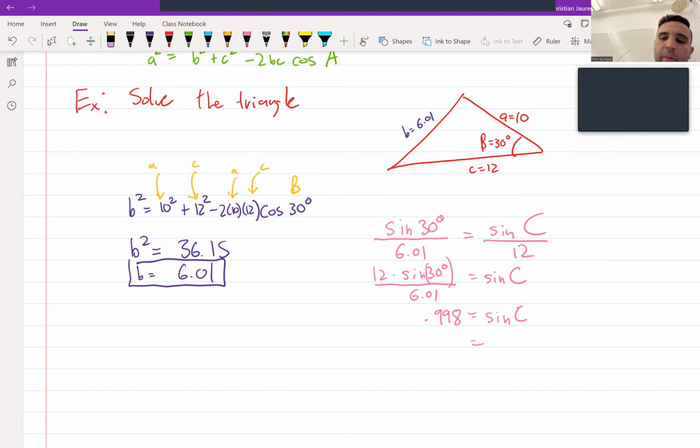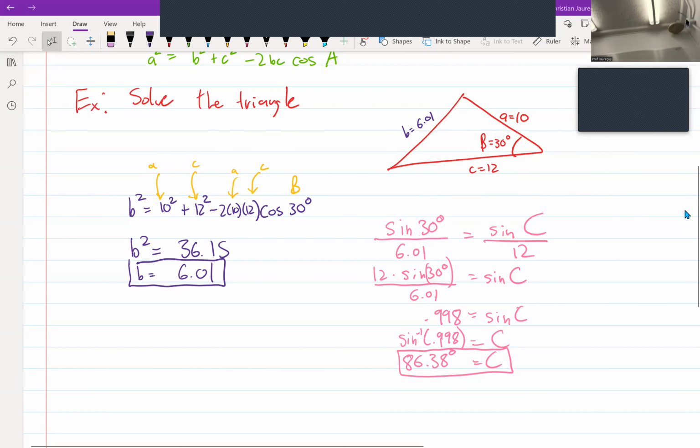So then C equals sine inverse of 0.998. Big C has got to be 86.38 degrees.